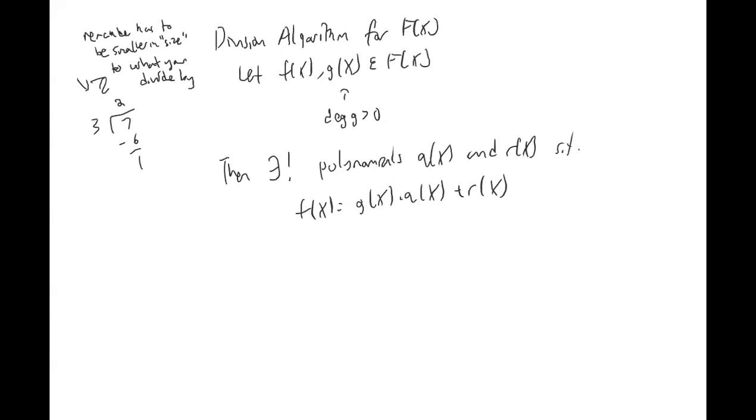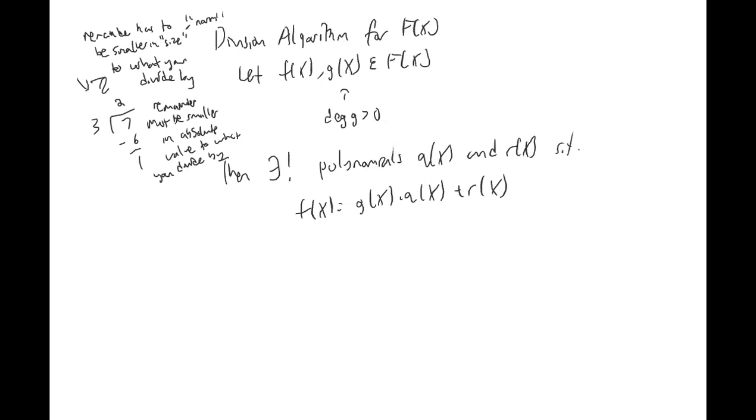Good. So basically the remainder must be smaller in absolute value than what you divide by, right? So in Z, the size function, some people call it the norm, right?